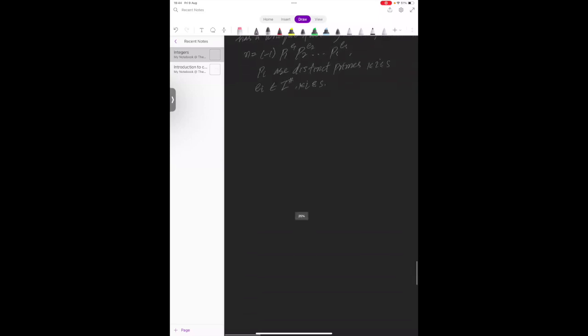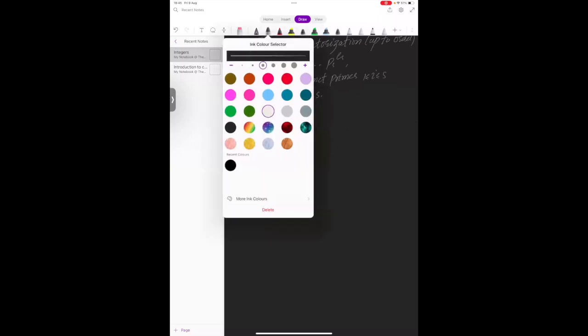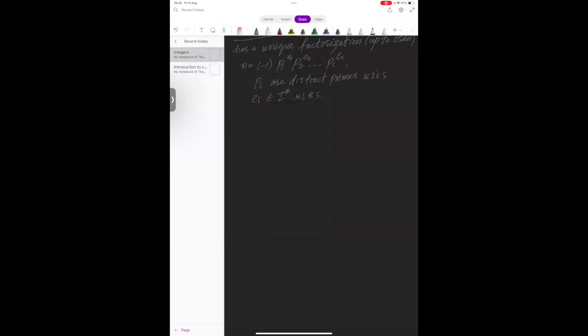Then we will give the famous theorem of Euclid. This was given by Euclid.